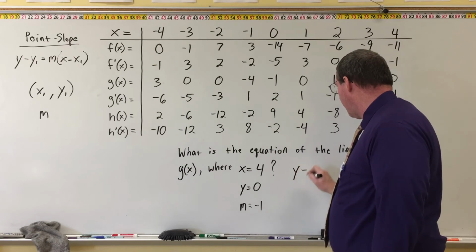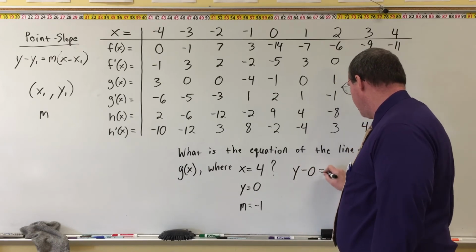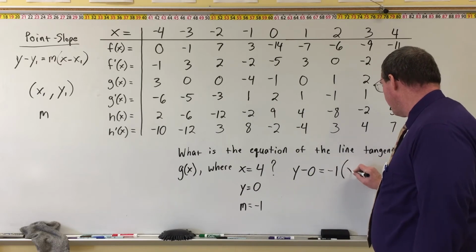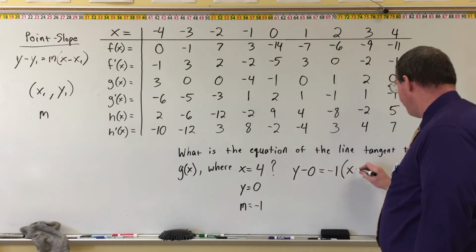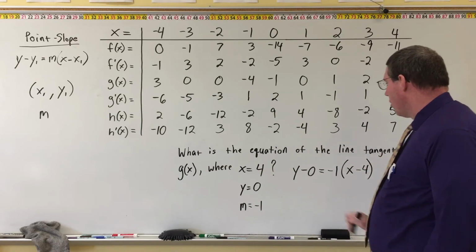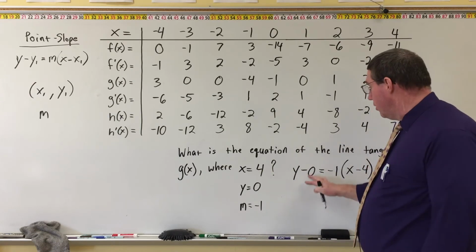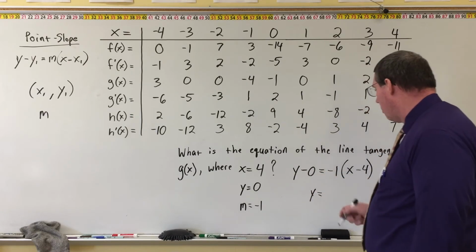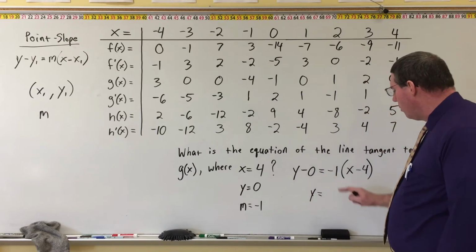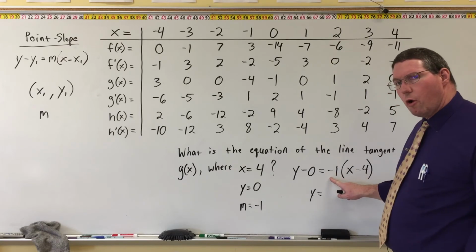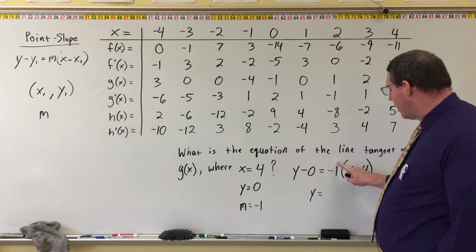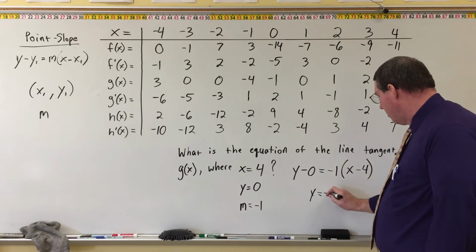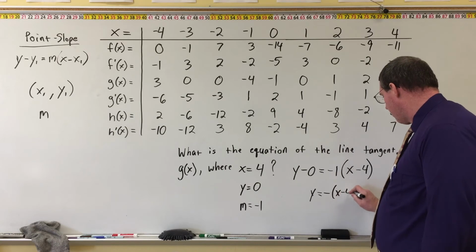We're going to do y minus 0 is equal to -1 times x minus 4. Okay? So anytime you have y minus 0, basically you can just eliminate the 0 because y minus 0 is just equal to y. So we can just say y is equal to, and whenever you have a -1 as the slope, you basically can just get rid of the 1 and just make it negative: negative x minus 4.